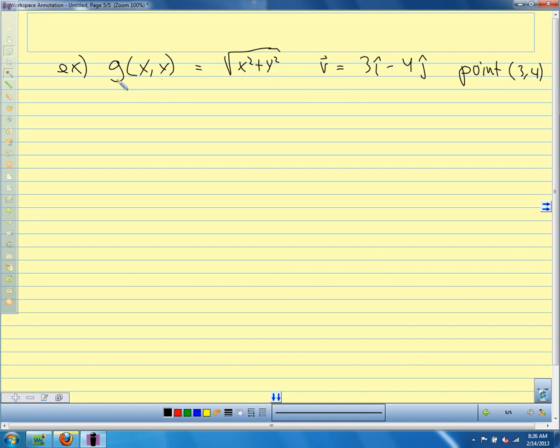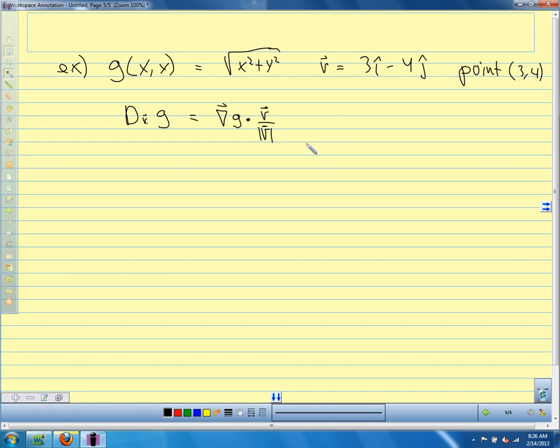We want the directional derivative of this function in the direction of v at the point 3, 4. Well, the directional derivative of g in the direction of v is going to be del g dot v over the length of v, because v is not a unit vector, so we need to normalize it. So that's going to be our directional derivative.